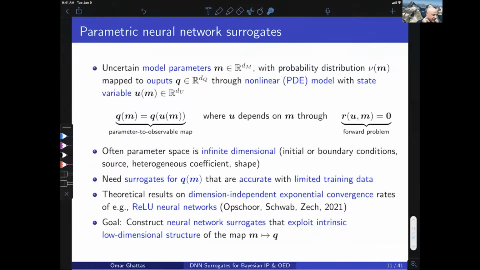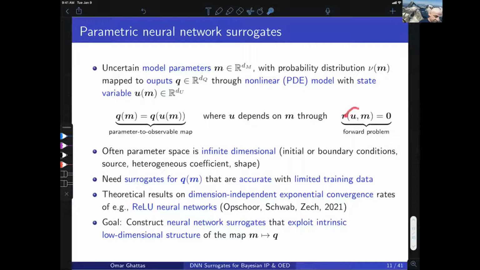So parametric neural networks, we are trying to approximate a map Q of m, where m here is the symbol that we're using for the model parameters, be they initial conditions, boundary conditions, source terms, etc. These are equipped with a probability distribution nu, and these are mapped to outputs Q. The map is governed by the forward problem, which symbolically here is R of u comma m is 0.